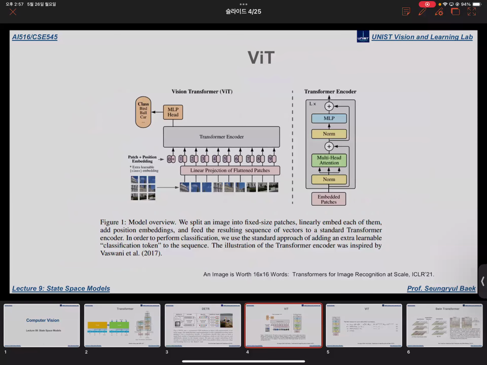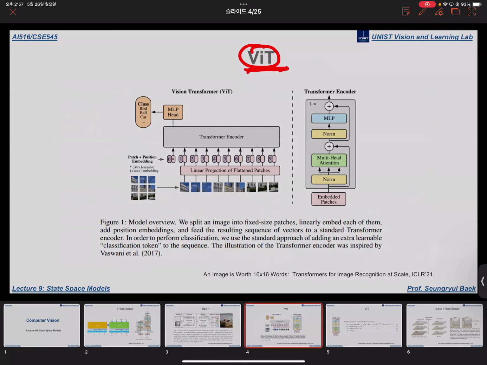But actually, I missed one of the transformer architectures whose name is ViT. This is an architecture that can exploit the transformer in the context of computer vision. Sorry about that, but I think we have to know about that before explaining Mamba, so I include that here.